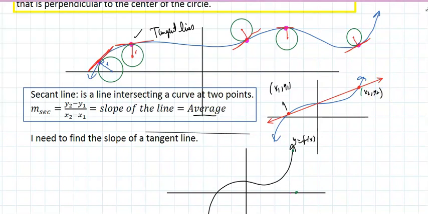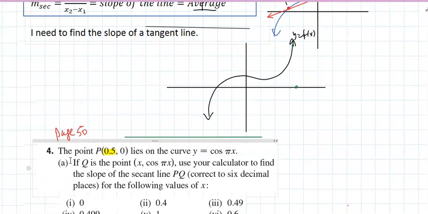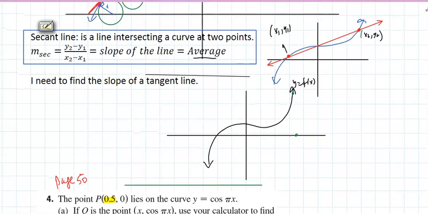Now, what we need in this chapter is to find an equation of a line. Actually, I need the slope of the line more than anything. Well, we have a problem.